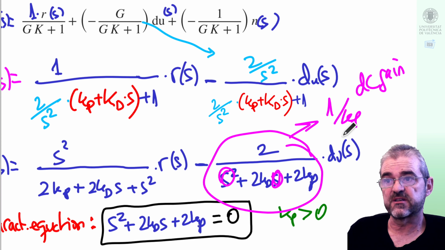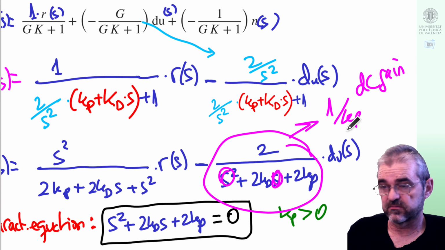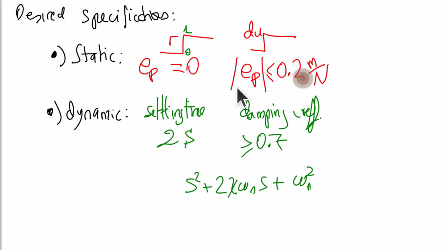So in this case, for instance, 1 over kp must be smaller than 0.2, because this is what we are saying here. Our loop error must be less than 0.2 times the input amplitude, so this is it.